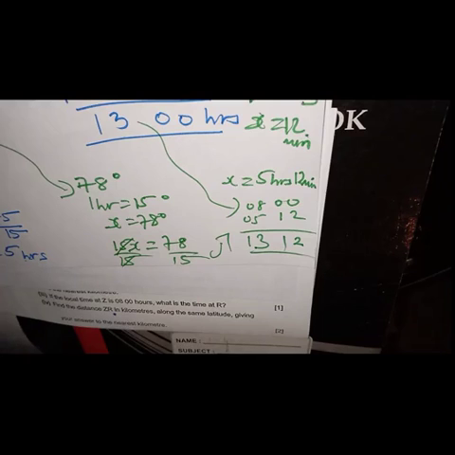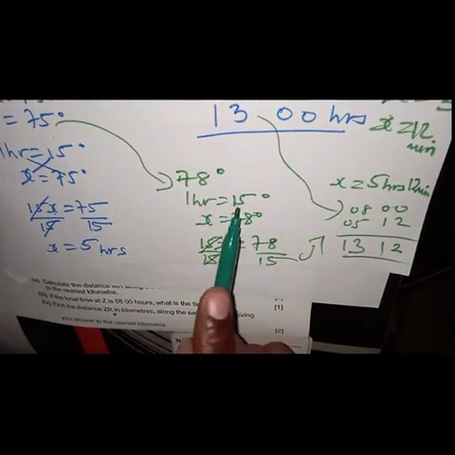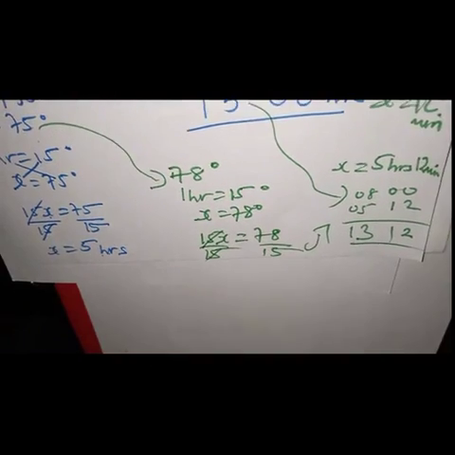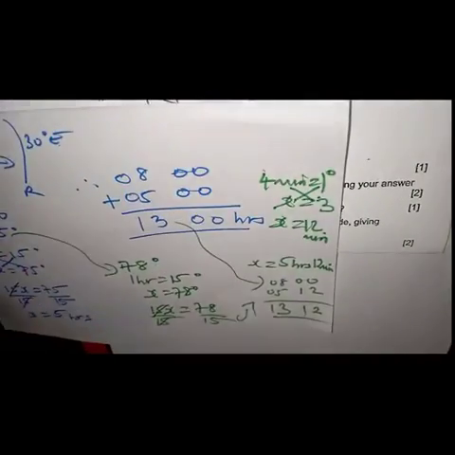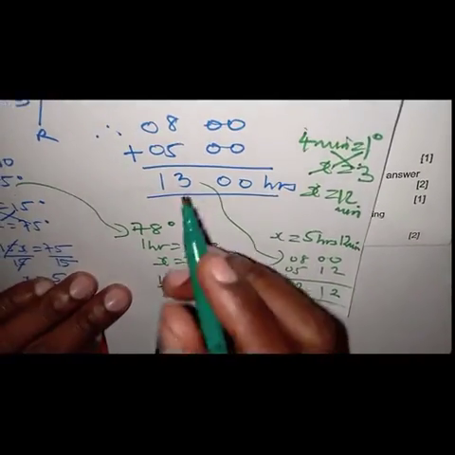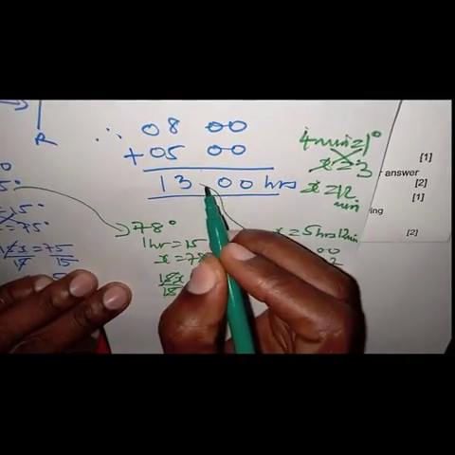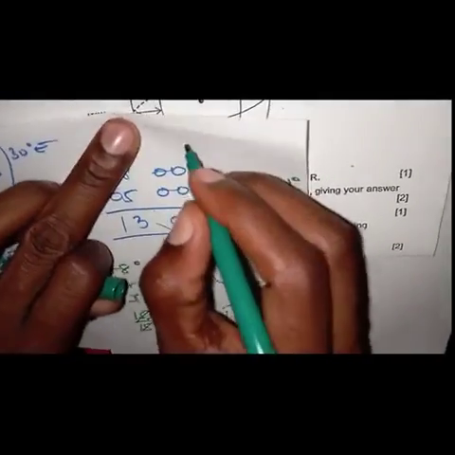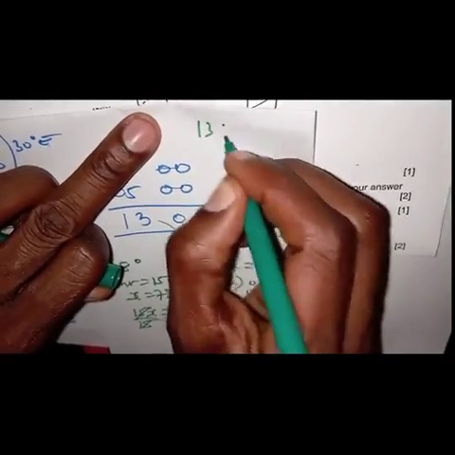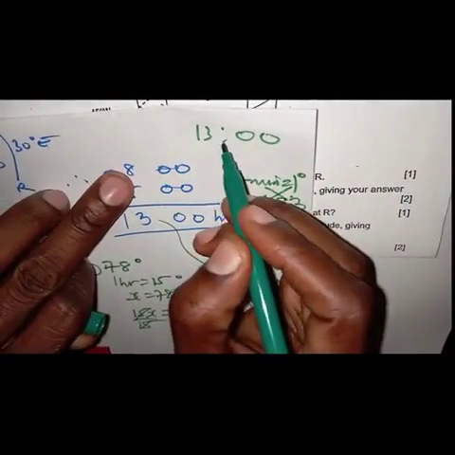So this is how you are supposed to deal with such questions when there is a remainder, when dividing, when using this scale. You might be asking yourself, why haven't we put dots here? We don't put dots because in math, once you put dots, once you write 13 hours like this, it means ratios.